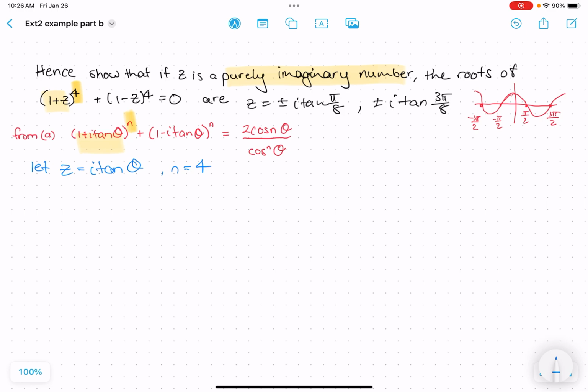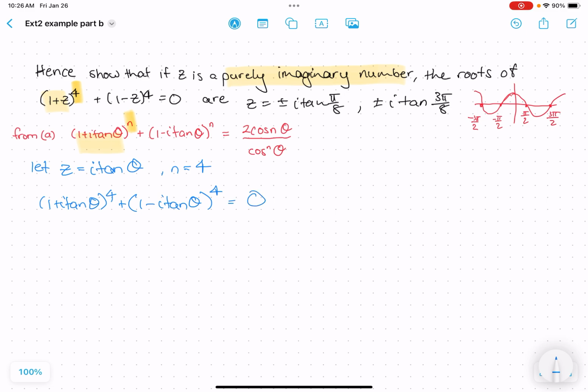All right, well, let's put z equals i tan theta and n equals 4 into that equation. And what do we have? We've got (1 plus i tan theta) to the power of 4 plus (1 minus i tan theta) to the power of 4, and that equals 0.